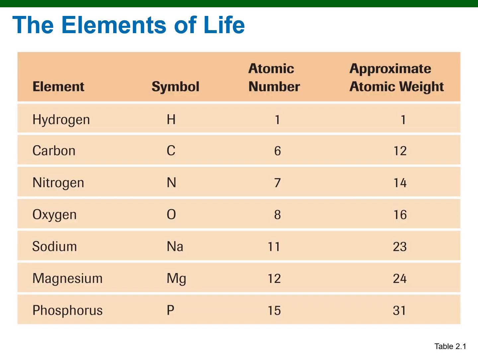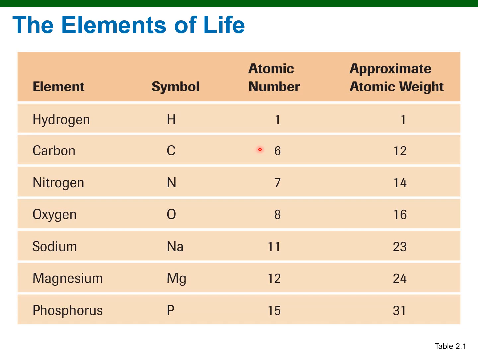This figure from your textbook is showing some of the various elements that make up life itself. And there's no need to memorize this. However, it does show us the differing numbers of protons. As I was mentioning before, hydrogen has 1 proton.